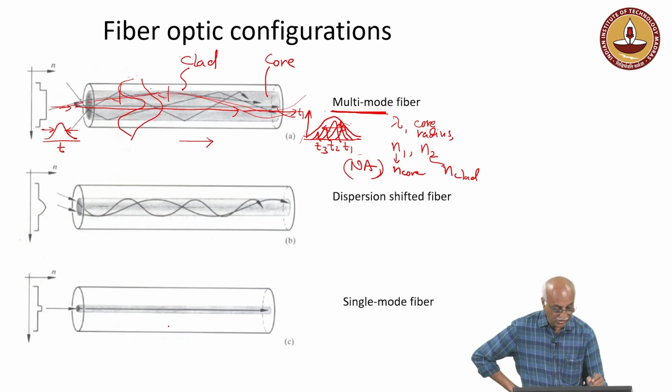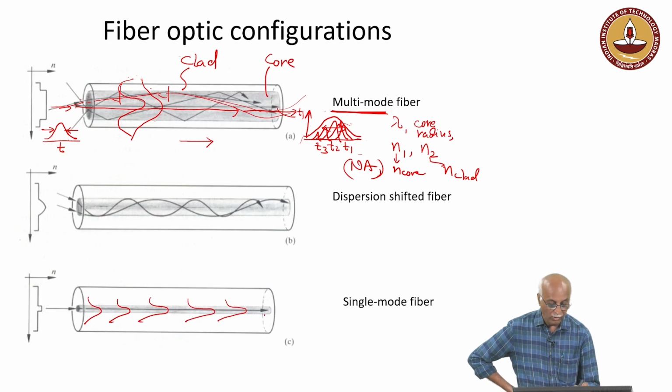Here, in case of a single mode fiber, we will see that predominantly, around 95% of the intensity, the distribution of intensity of this electromagnetic wave, will be within this Gaussian 00 mode, TM00 mode.